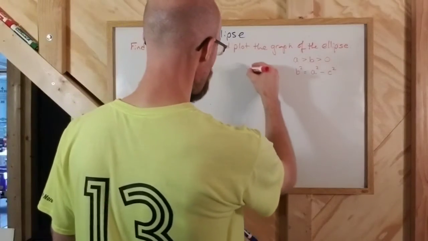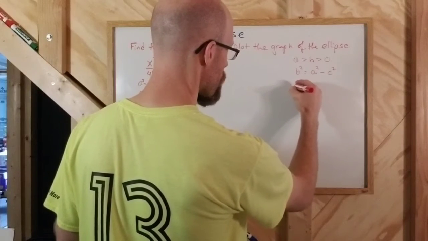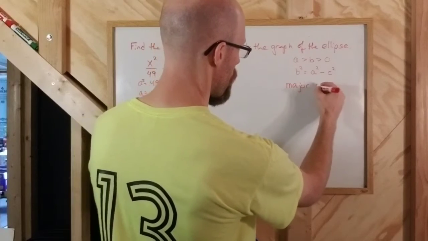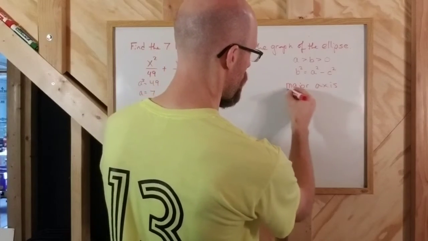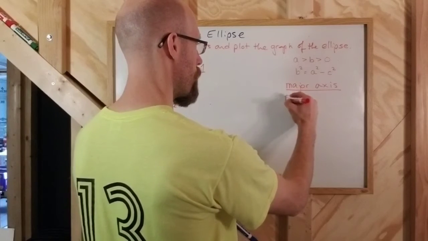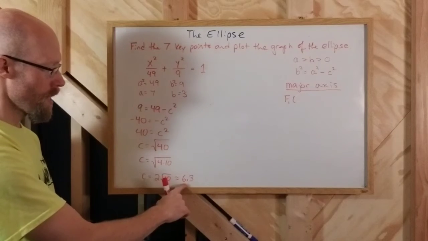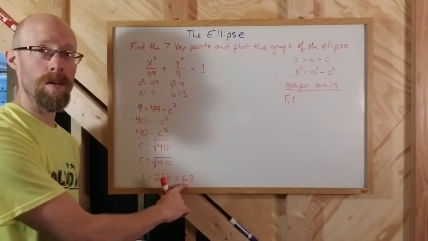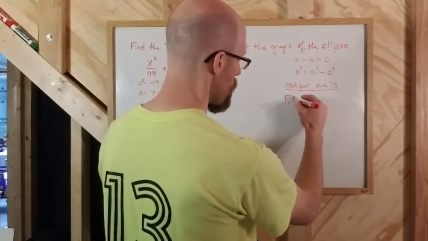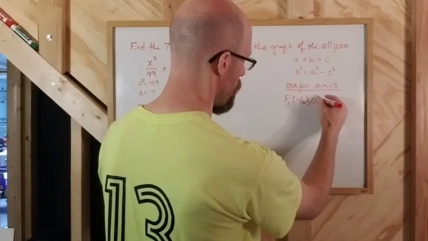So let's see, the 2 foci, I guess I'll categorize these. So on the major axis, the foci: focus 1 is going to be at approximately negative 6.3 comma 0. So these are going to be in the x direction. So negative 6.3 comma 0.